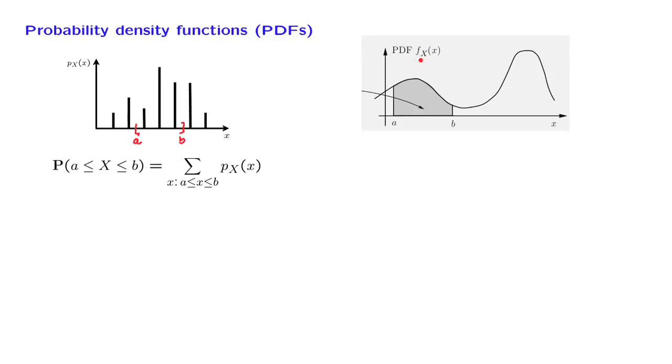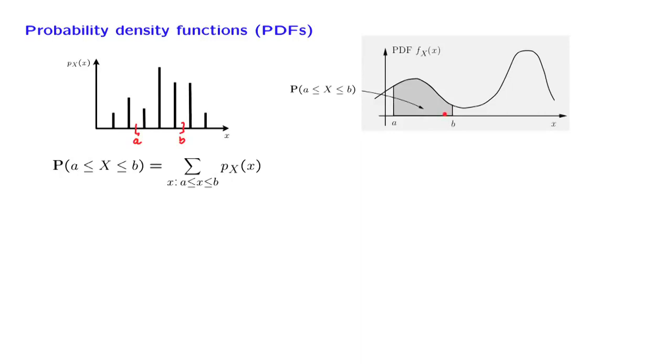We use the probability density function to calculate the probability that x lies in a certain interval, let's say the interval from A to B. And we calculate it by finding the area under the PDF that sits on top of that interval. So this area here, the shaded area, is the probability that x takes values in this interval.